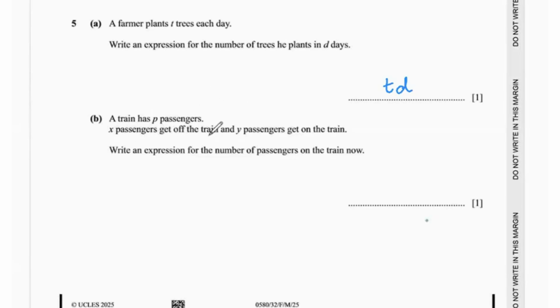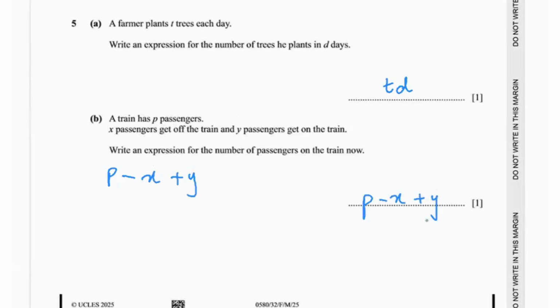X passengers get off the train and Y passengers get on the train. Write an expression for the number of passengers on the train now. So X are getting off, so P minus X, and then Y are getting on. So P minus X plus Y.